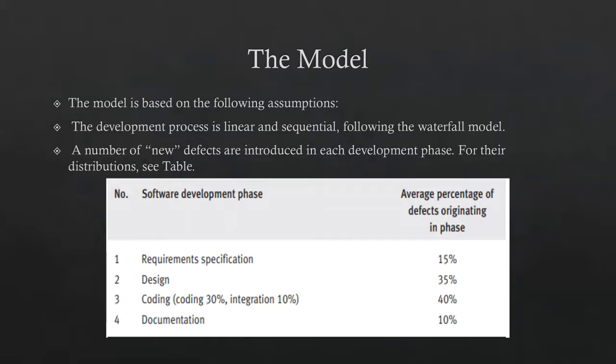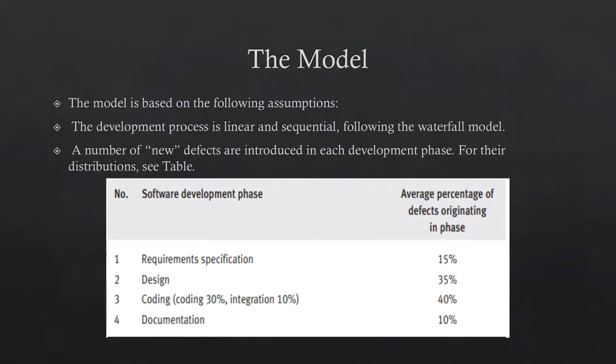The model is based on the following assumptions. The development process is linear and sequential, following the waterfall model. The waterfall model is too linear: when you make a mistake in the later phases, you can't go backward to the phase before.